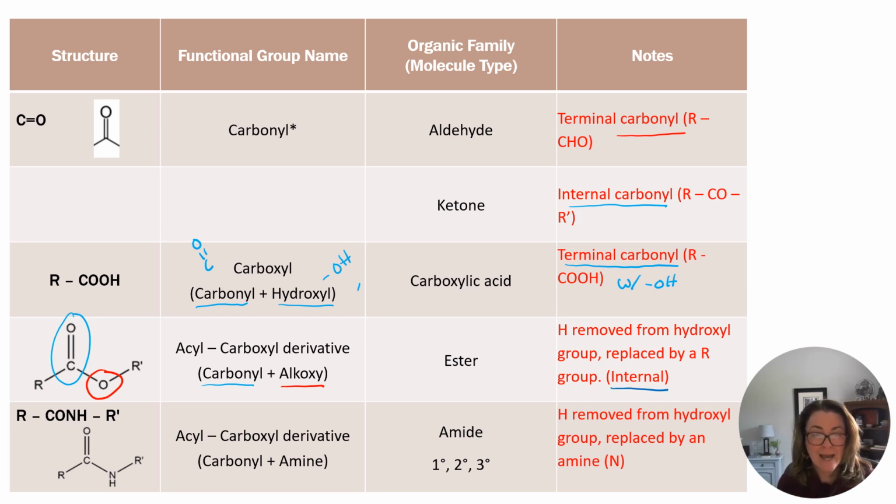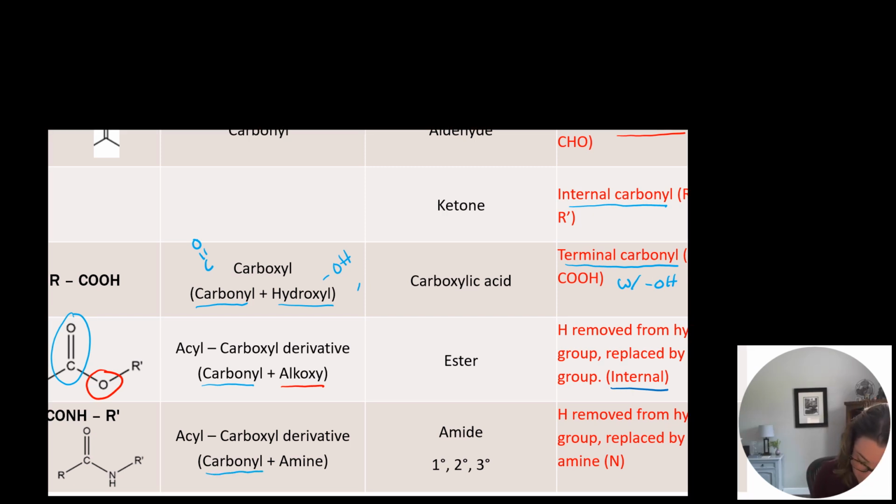Our very last functional group and organic family would be an amide, and we'll talk about what these numbers mean: primary, secondary, tertiary. We'll talk about those a little bit later on in the semester. But essentially what you have here, again, is an acyl. Instead of having a carbonyl and an alkoxy, you have a carbonyl and an amine.